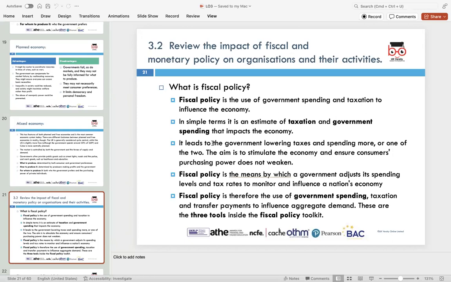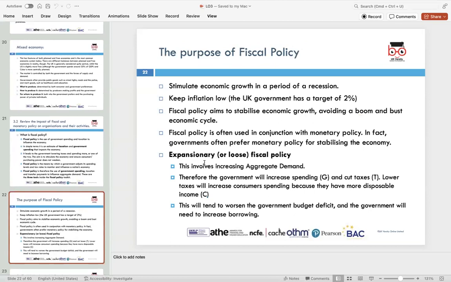The three instruments are included in the toolbox of fiscal policy. The purpose of fiscal policy is to stimulate economic growth in a period of recession.